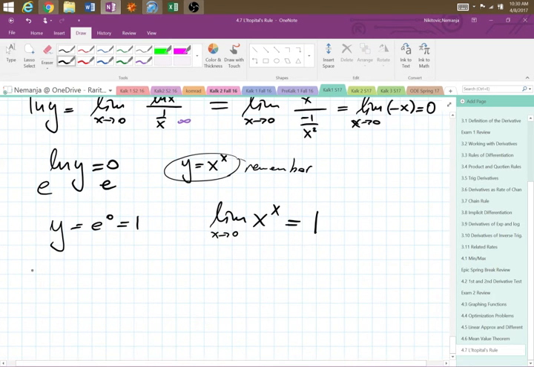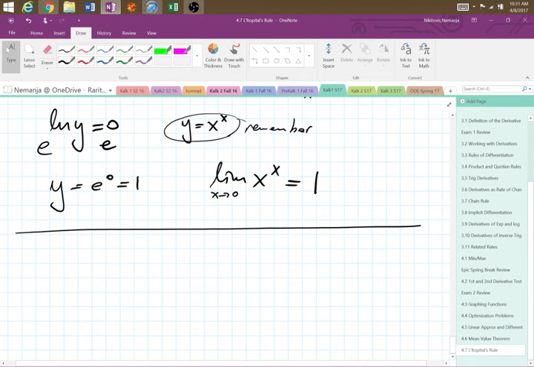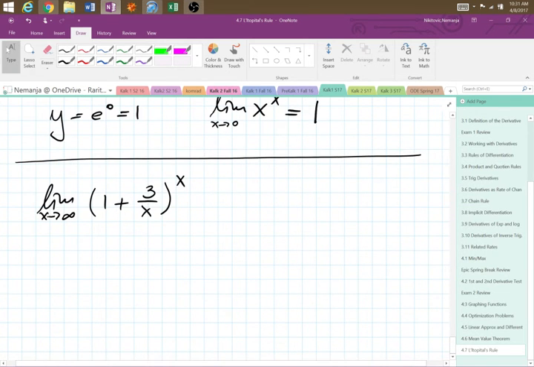One more example, and we're done with this section. All of these examples are done the same way. So limit x goes to infinity, 1 plus 3 over x, raised to the x. Same procedure.